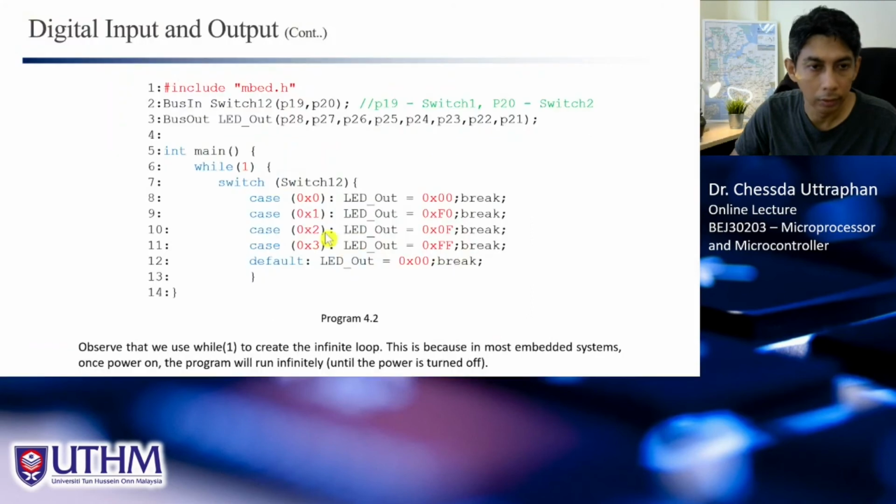So let's go back to this. So this is how we create the bus, where we have multiple digital inputs and multiple digital outputs in our program. So we can use BusIn and BusOut.